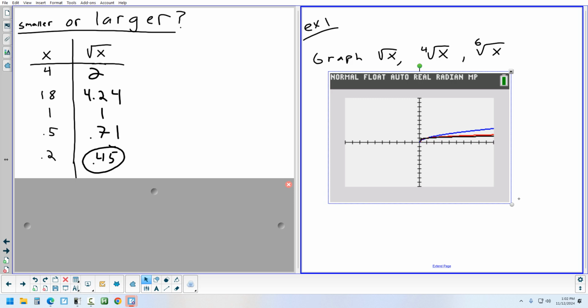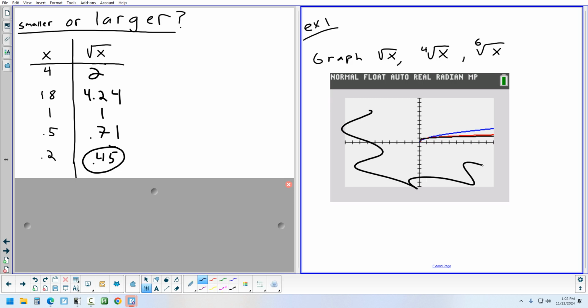Yes, they all go up and to the right. None of them go in this other area. So let's zoom in from 0 to 10 for x, and for y, let's go 0 to 5.